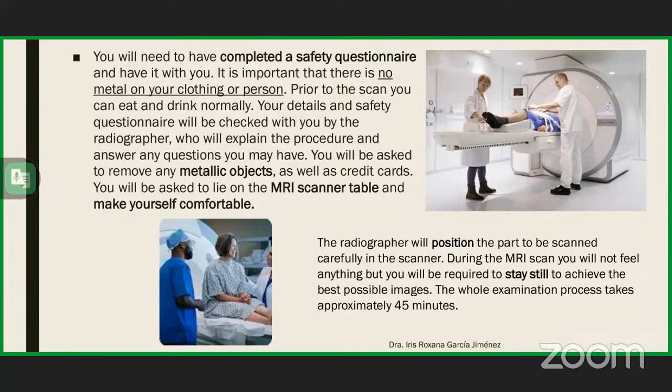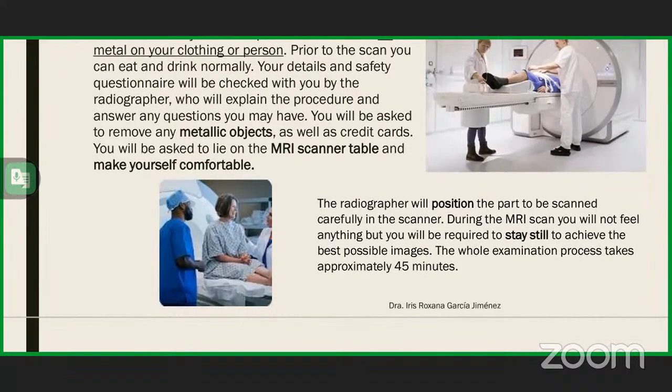Usually the patient lies on the MRI scanner table and makes themselves comfortable. If you're not comfortable, it's not possible to make the study. This study is too noisy, but as you were listening, it is safer than the CT scan because of the radiation. Usually the radiographer will position the part to be scanned carefully in the scanner.